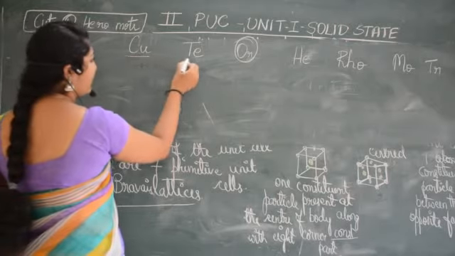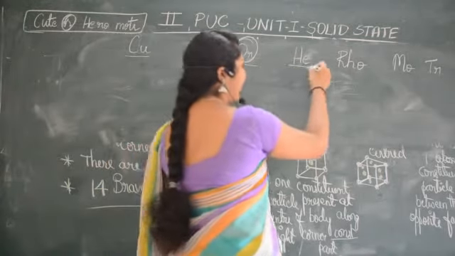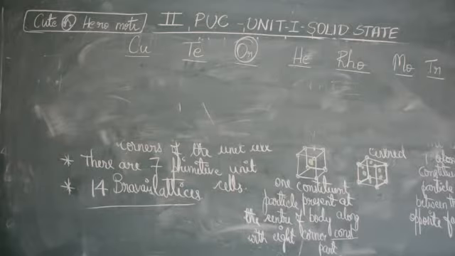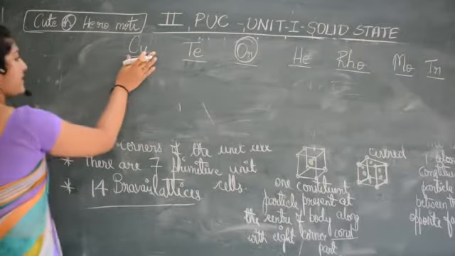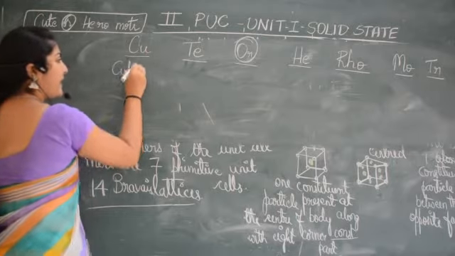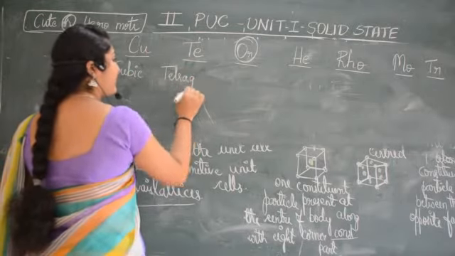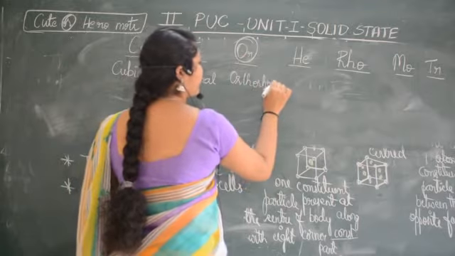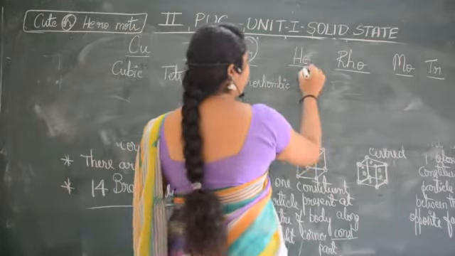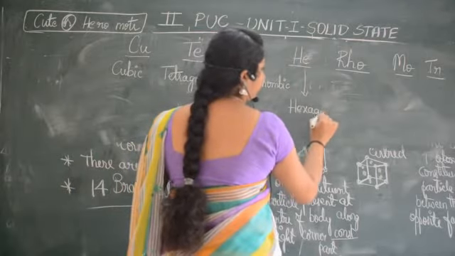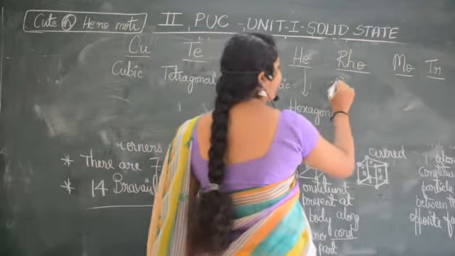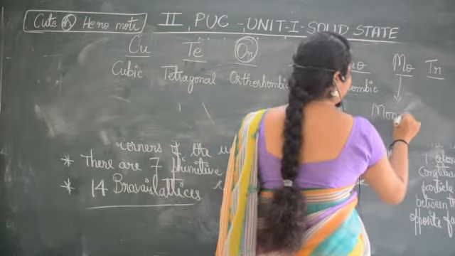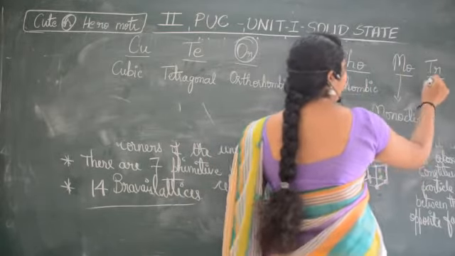Cute, CUTE or hero motor. Okay, so the types are, see, CU means cubic, TE means tetragonal, OR means orthorhombic, HE means hexagonal, RHO, rho means rhombic, MO means monoclinic, TR means triclinic.